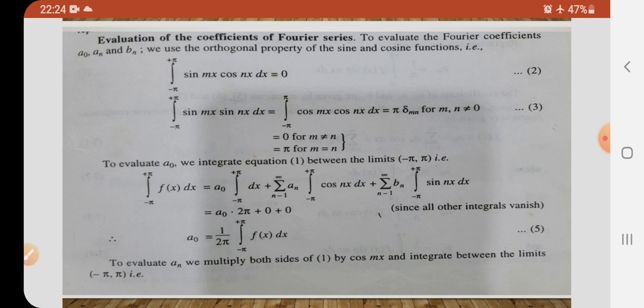The integral over the limit minus pi to plus pi of sin mx cos nx dx equals 0.